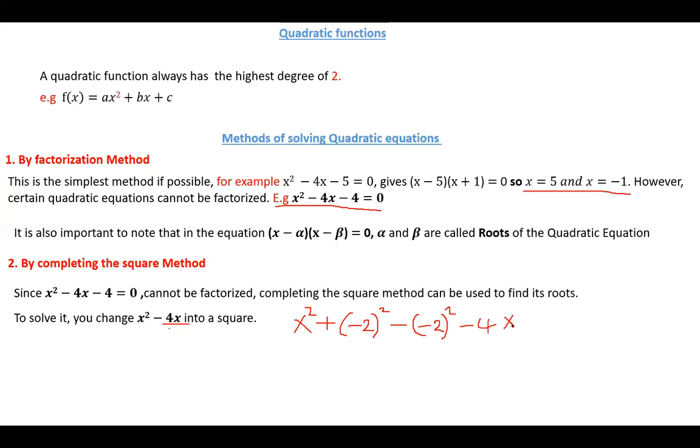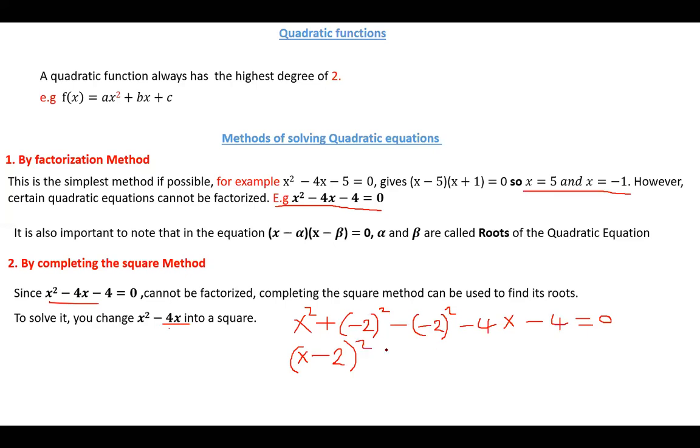So after doing that, if you got this whole equation, it means that you are also going to write this minus 4 this side. If you got the whole equation, then you say is equal to 0. So what you do here, you can now combine this. You can say x minus 2, you put this as a square. The first point is telling us to convert it into a square.